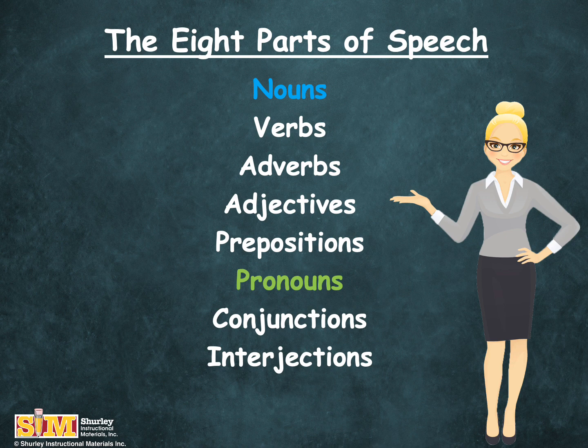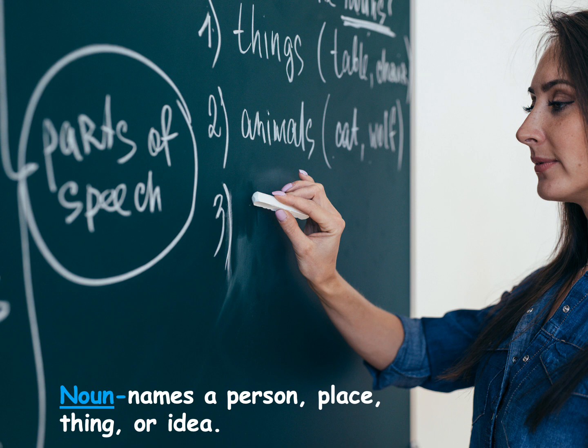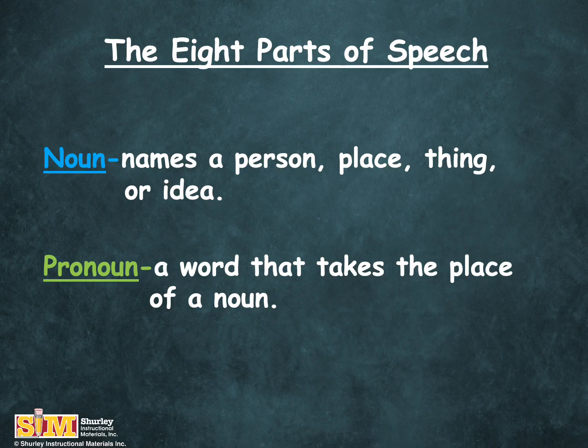They learn that nouns and pronouns work hand in hand in our English language. Most of your students know that a noun names a person, place, thing, or idea. Nouns seem to be easier for students because most of them are tangible. Students can use their 5 senses to see, hear, smell, touch, and even taste items identified as nouns.